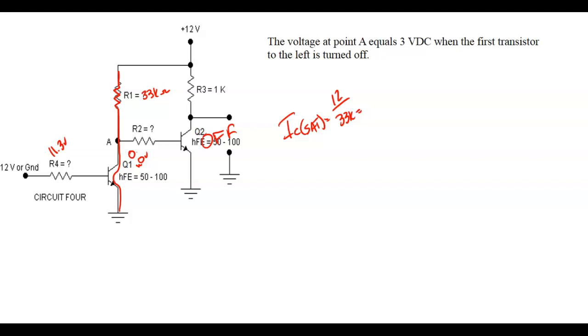No, but I wanted you to give it a shot. So what's the saturated current required? 12 divided by 33K. Yeah, 4 milli. On your text you got, just so you know.